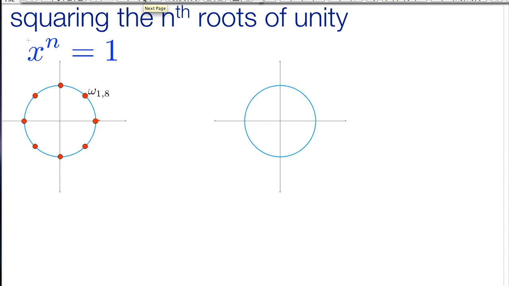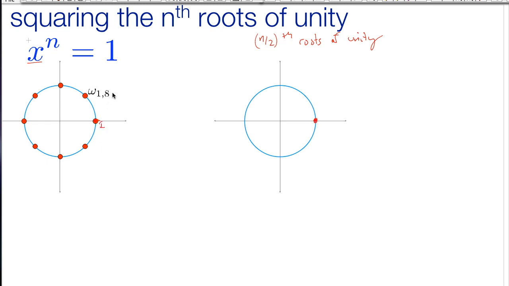Now here is the interesting property about the roots of unity that we need for this algorithm. If you take the nth roots of unity and square them, so take each of these numbers and square them, you're going to end up with the n over 2th roots of unity. And I'll illustrate that first by taking all of these 8 points and squaring them. So if we take, for example, 1 here and square it, we end up at 1.